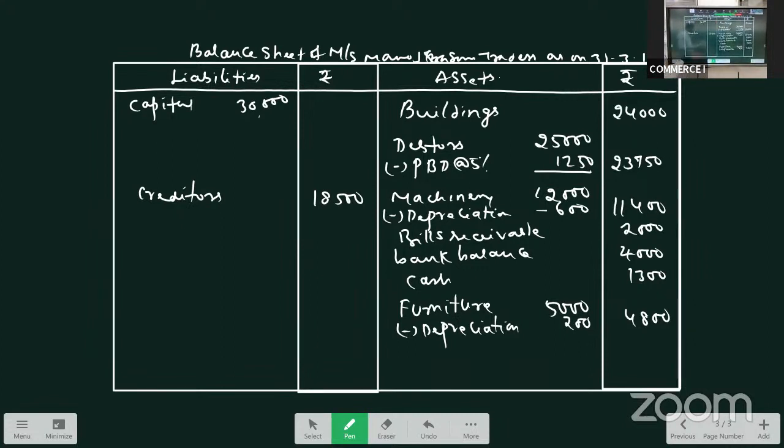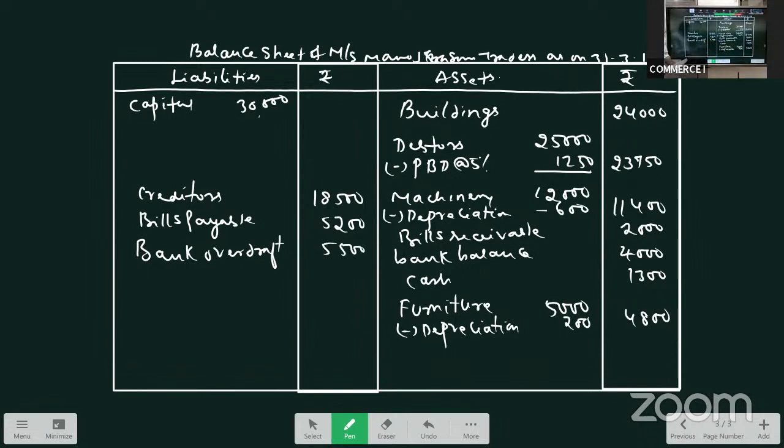Then we have bills payable. It is also a liability. 5,200. Then bank overdraft. That also is a liability. 5,500. Outstanding rent. That also is a liability. It is given in the trial balance directly. It is directly taken to the balance sheet.